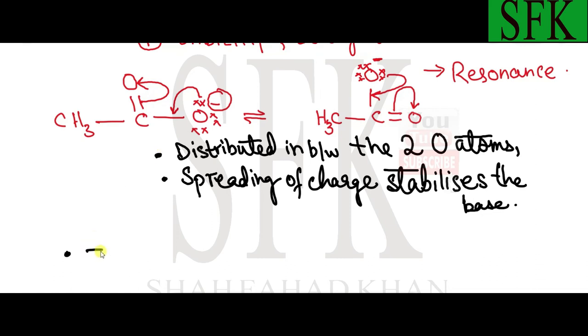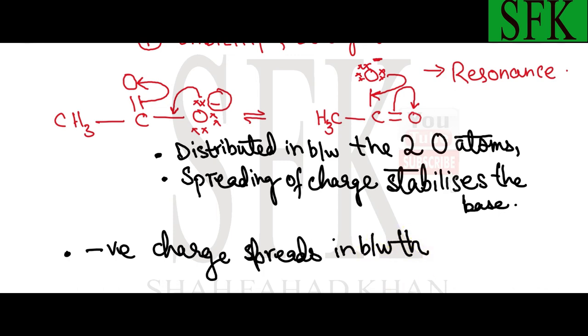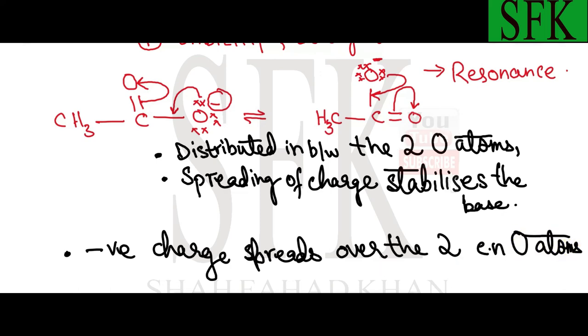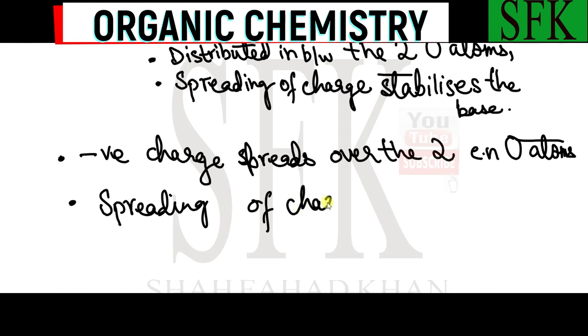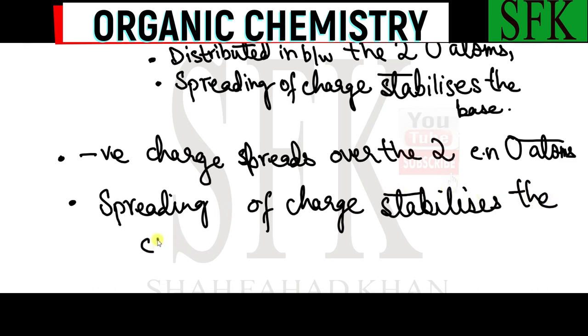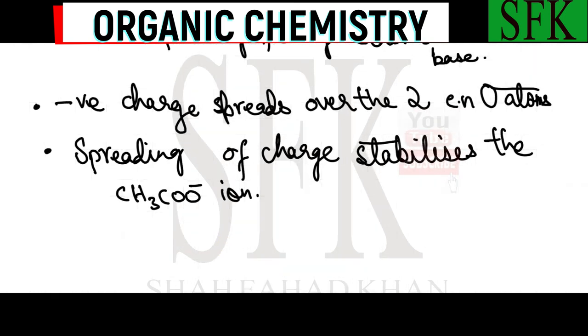So you are going to say that the negative charge spreads over the two electronegative oxygen atoms, and this spreading of charge stabilizes the ethanoate ion, the CH3COO negative ion, and since it stabilizes the ion, this makes the acid a stronger acid.